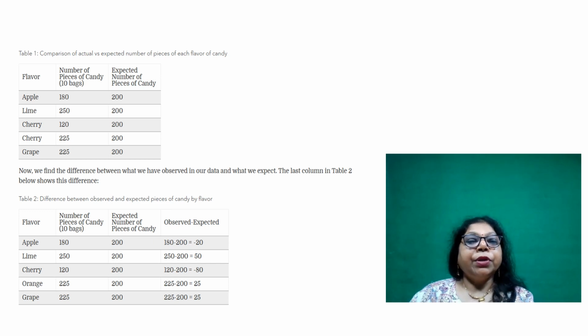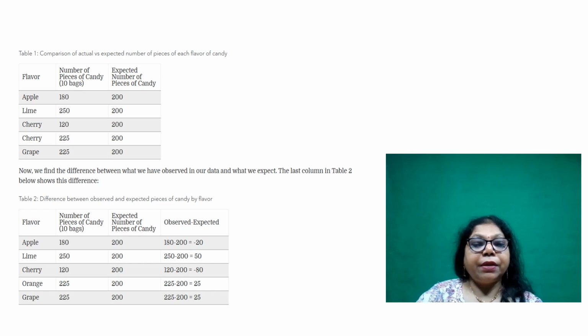Now we find the difference between what we have observed in our data and what we expect. You can see this in the observed minus expected column. 180 minus 200 is minus 20. 250 minus 200 is 50.